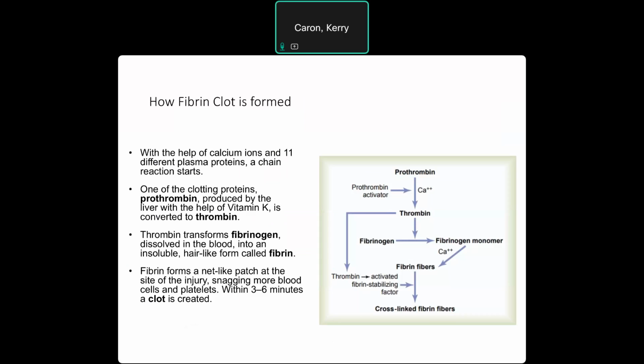Fibrin becomes like an insoluble hair-like mesh. And that fibrin forms a net-like patch, that mesh, at the site of the injury. It snags more blood, it snags more platelets. And within 3 to 6 minutes, we're making an actual clot. So we go from platelet plug to clot.